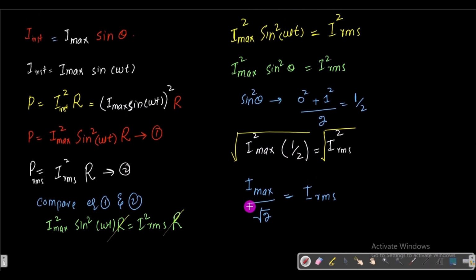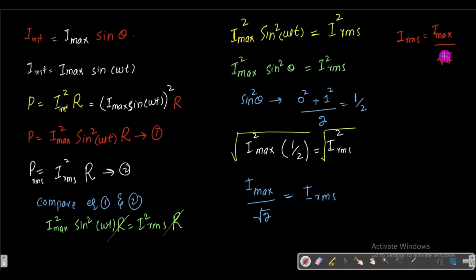So this is the final equation for the I RMS: I RMS is equal to I max divided by square root of 2.